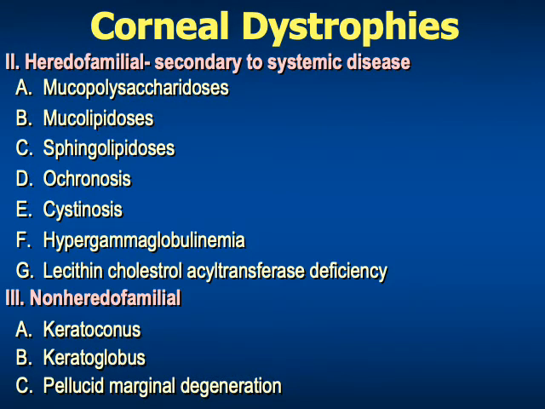As for heredofamilial dystrophies secondary to systemic disease, like in mucopolysaccharidosis, mucolipidosis, sphingolipidosis, ochronosis, cystinosis, hypergammaglobulinemia, and others. But as for non-hereditary familial corneal dystrophy, there is keratoconus, keratoglobus, and pellucid marginal degeneration.